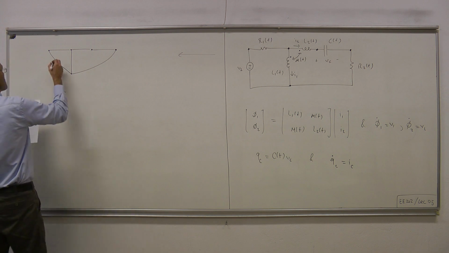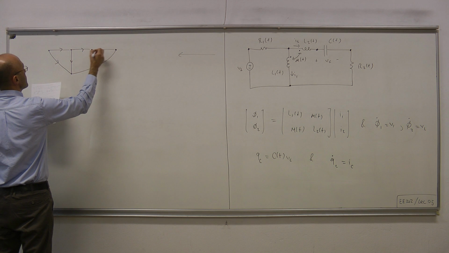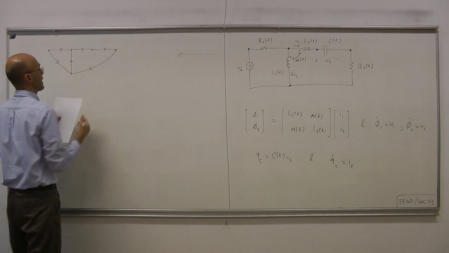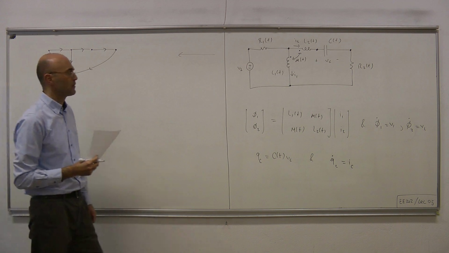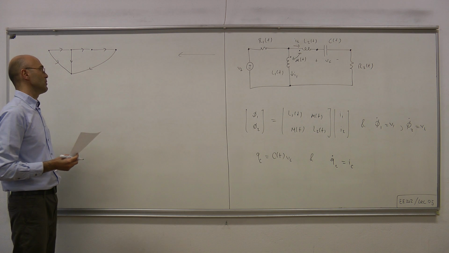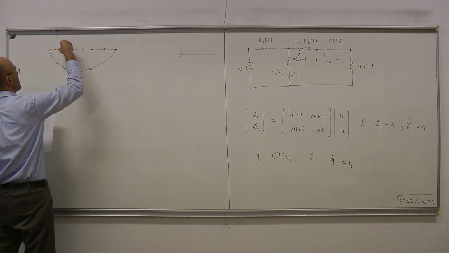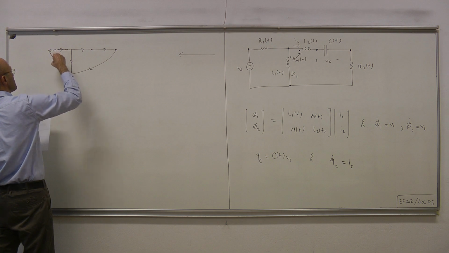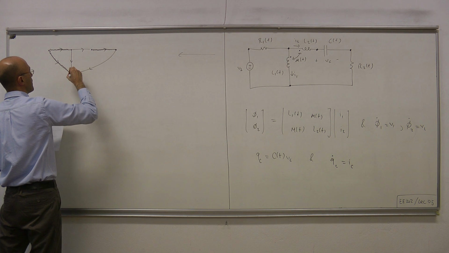Let's give some directions. Now let's pick a tree, a proper tree, which should exclude as many inductors as possible. And it turns out that there is only one such choice, and it's this. Okay.